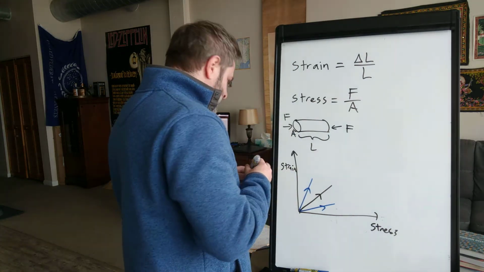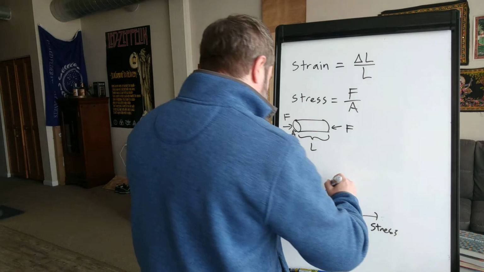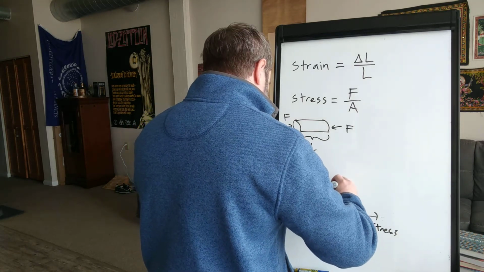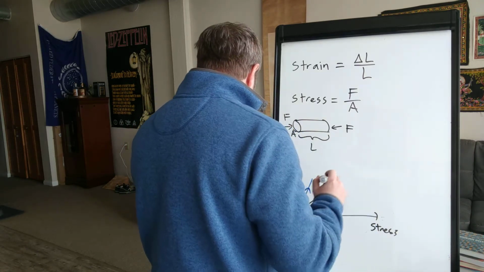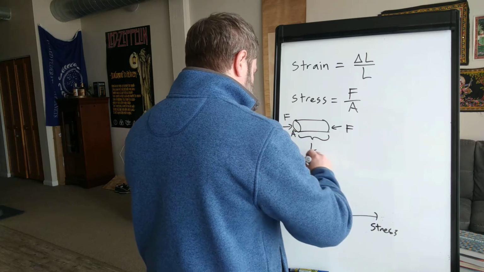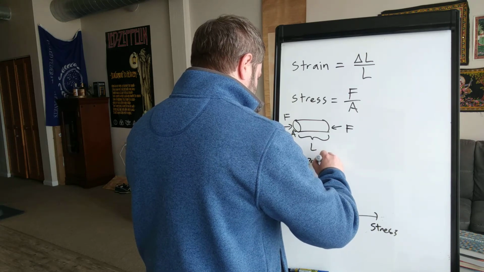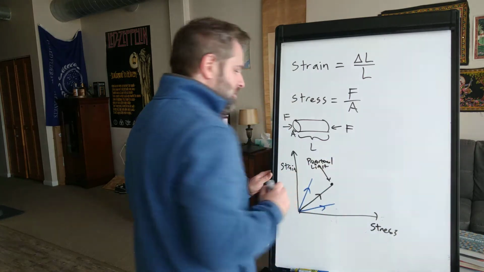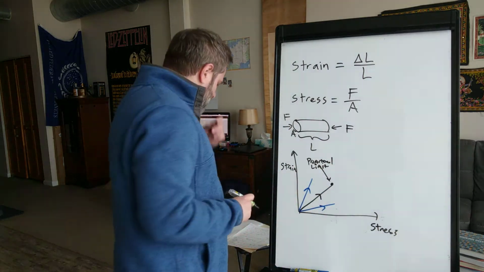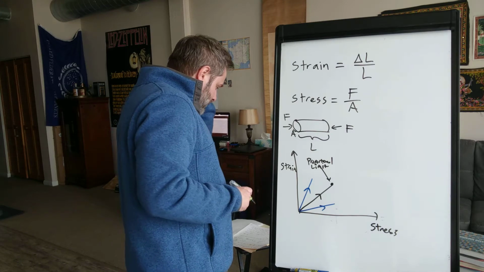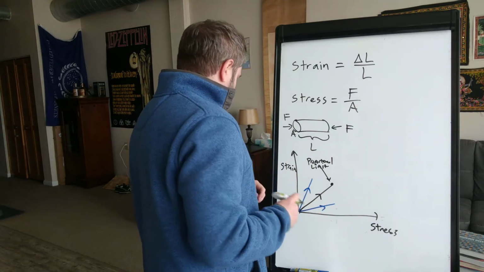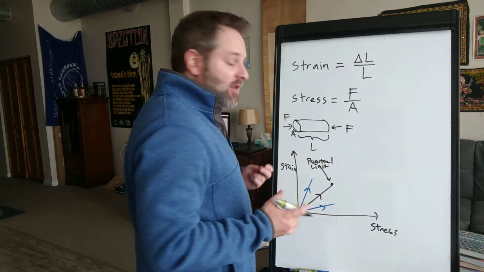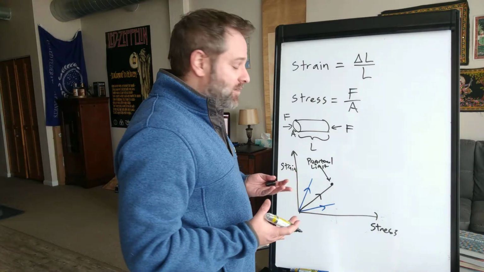Okay. Eventually, this object will hit some limit called the proportional limit. And this linear relationship stops. Okay. Now what we get is some other kind of behavior that's not linear.